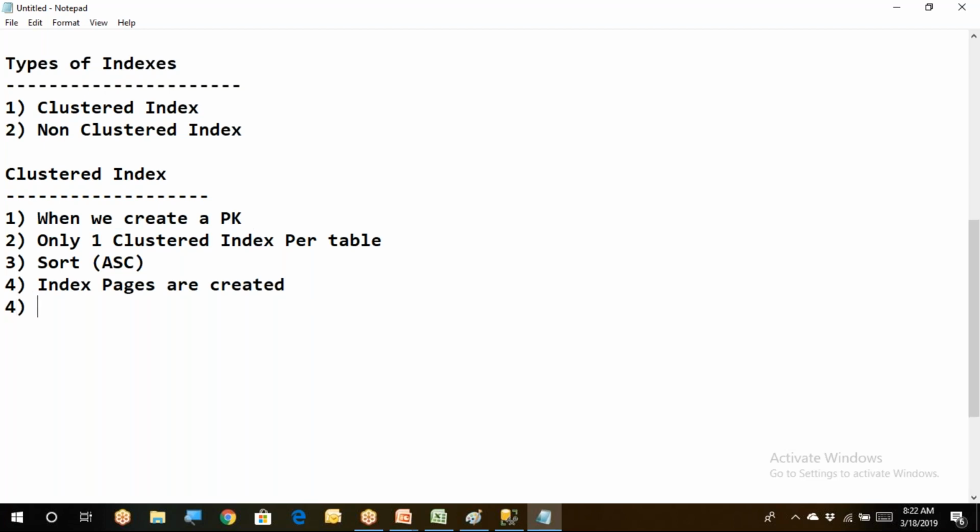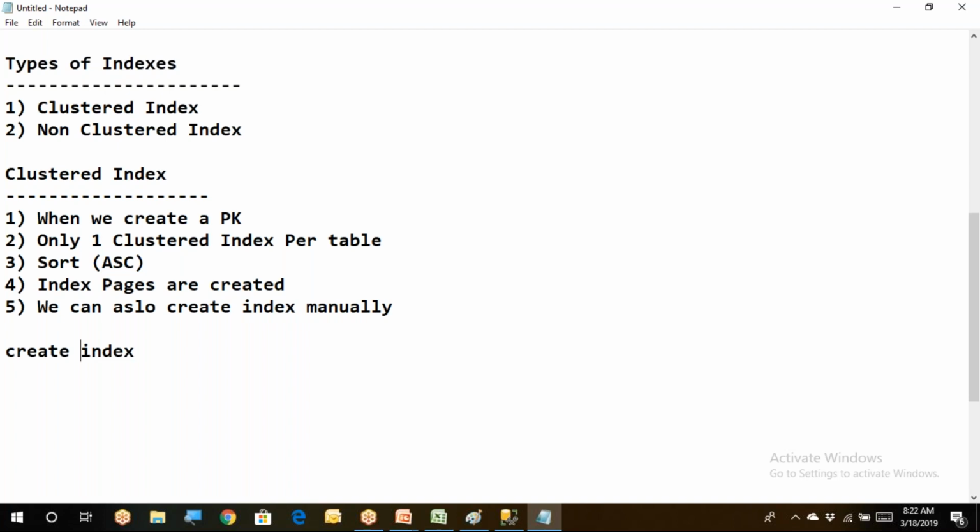The next question is, can we also create a clustered index manually? You should be able to create an index manually, so there is no issue at all. There is a syntax called create index.